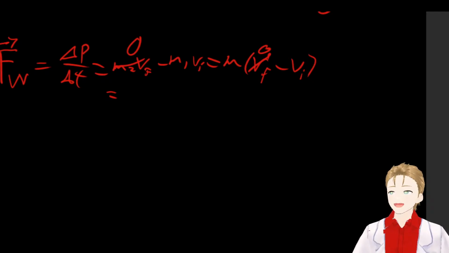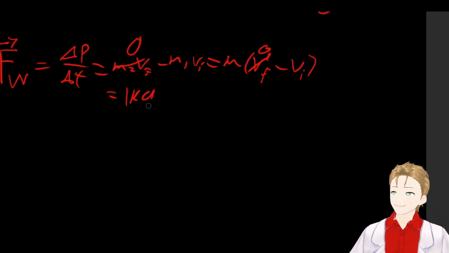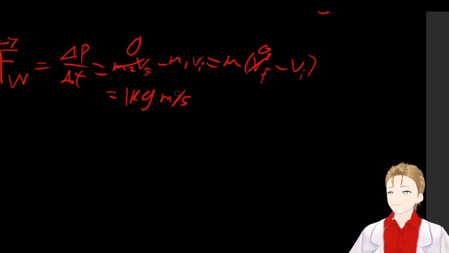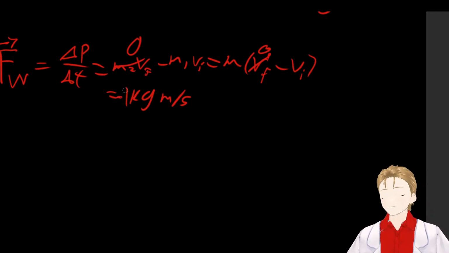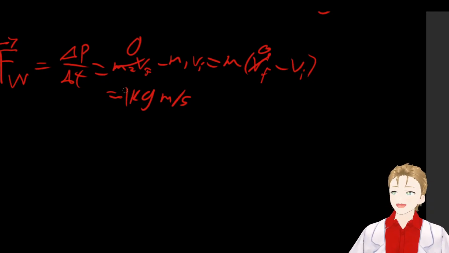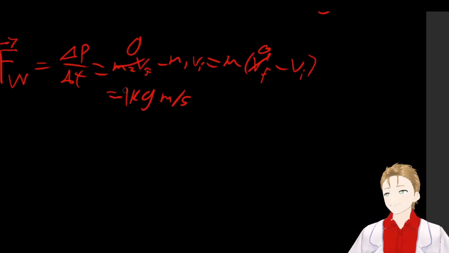0.002 times 500, which is 1 kilogram meters per second. However, that's just for the 1. Now technically it would be negative, but I mean, if I follow the numbers, I'm going to go with that.